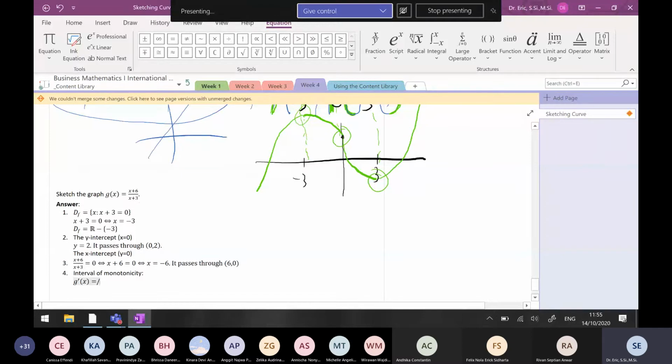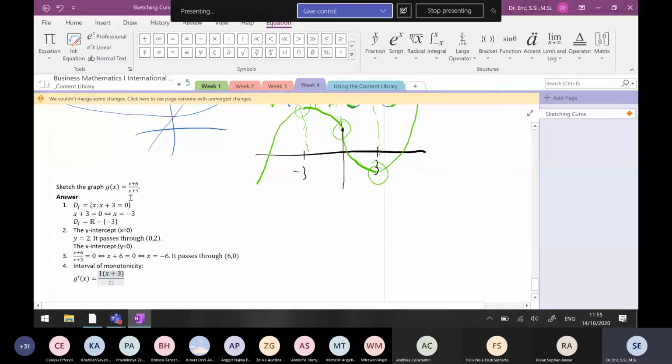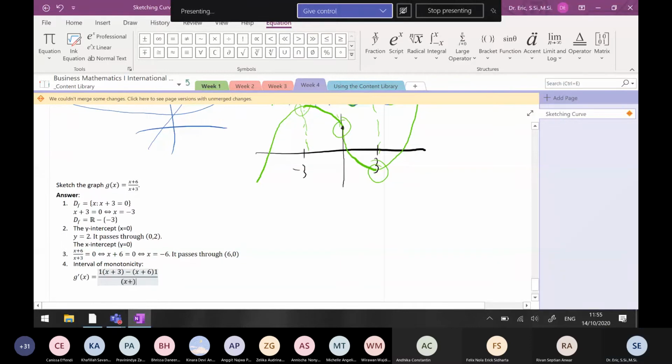The derivative is u prime v minus u v prime, where u prime is 1 and v prime is 1, divided by v squared. Remember, x shouldn't be minus 3 because it is not in the domain.